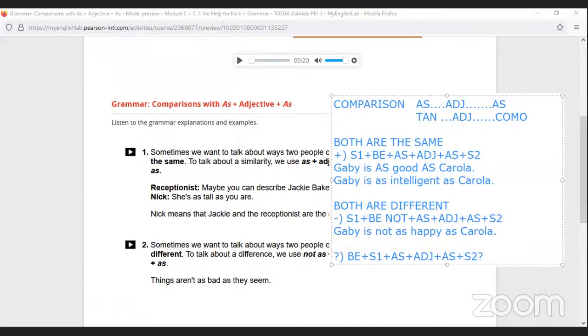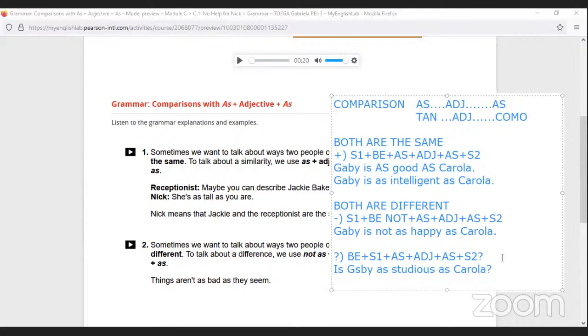First, the subject one. Okay, so what can I say? For example, is Gabby as studious as Carol?